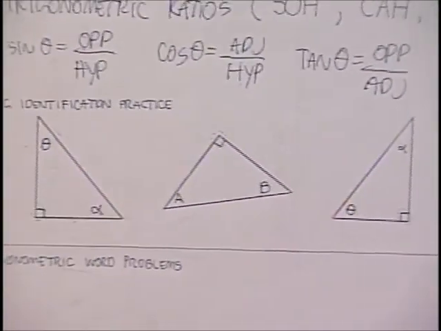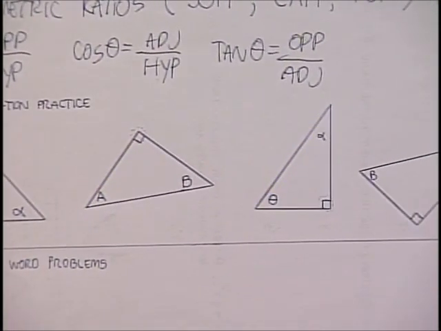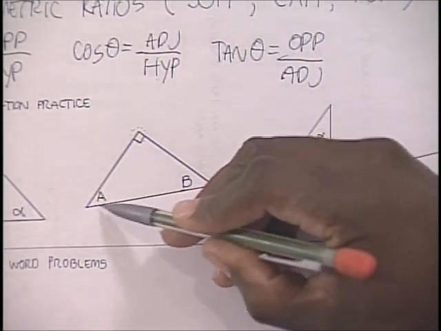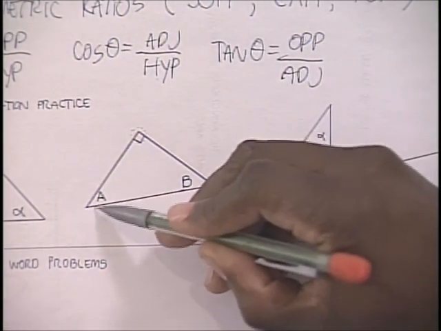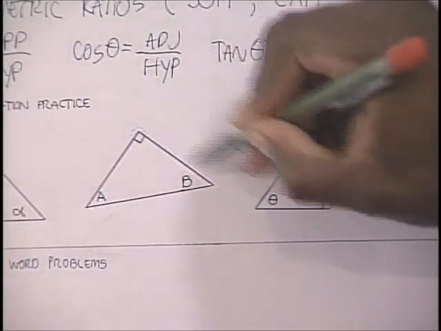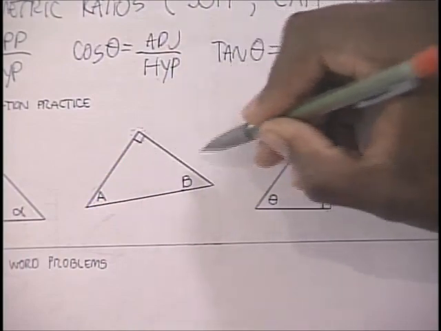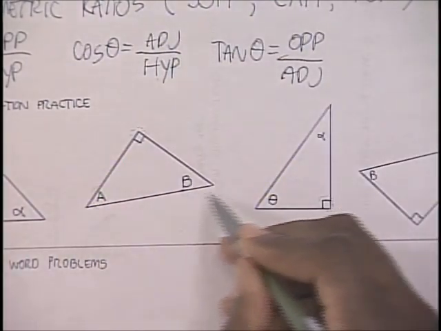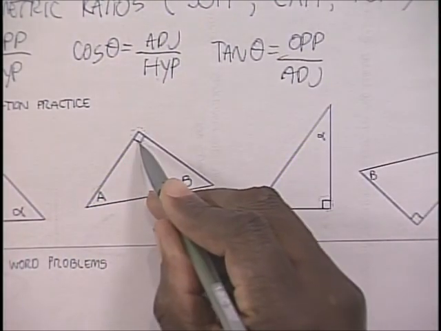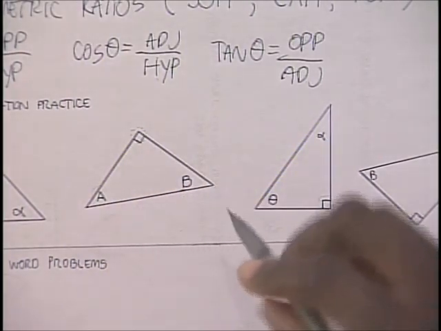All right, so let's just get practice identifying opposite legs, adjacent legs, and hypotenuses. If you focus on this angle, the side opposite this angle is right here. Across from this angle is this side right here. This side is opposite the 90-degree angle. This we'd call the hypotenuse of the triangle.